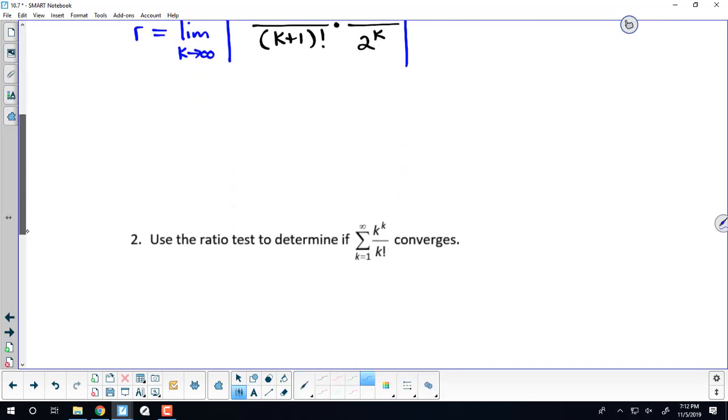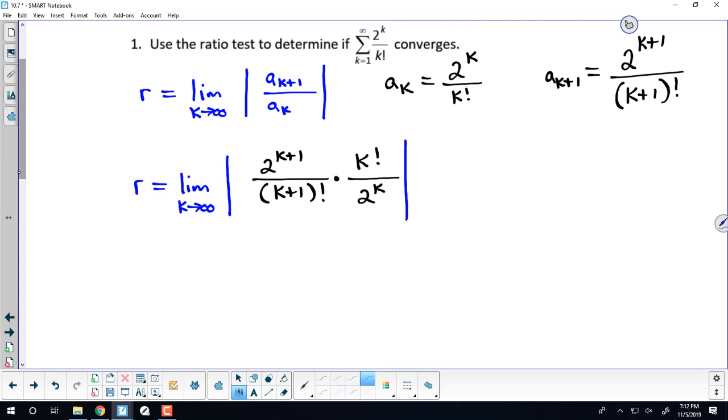We want to simplify this, because we need to compute this limit as k approaches infinity. The more we can simplify this, the better off we're going to be.